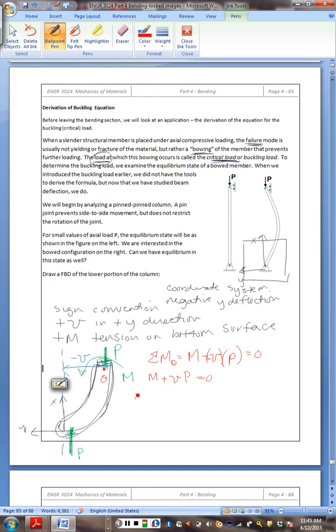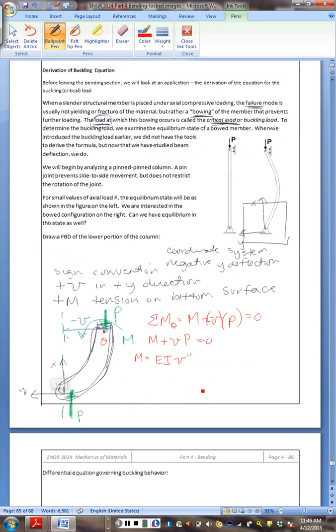But we also know that the bending moment is equal to the bending stiffness times the second derivative of the deflection. So we can say that the bending stiffness times the second derivative of deflection plus the reaction times the deflection equals 0.